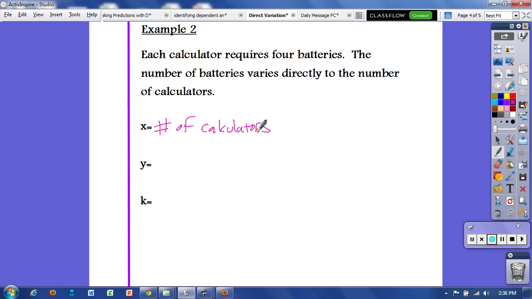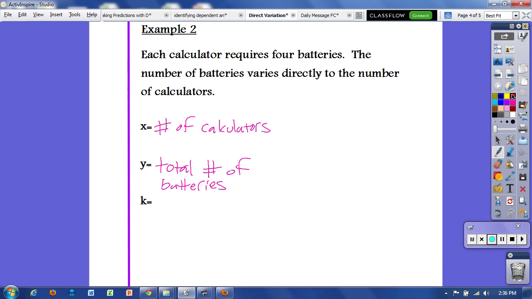And then the dependent variable would be total number of batteries.